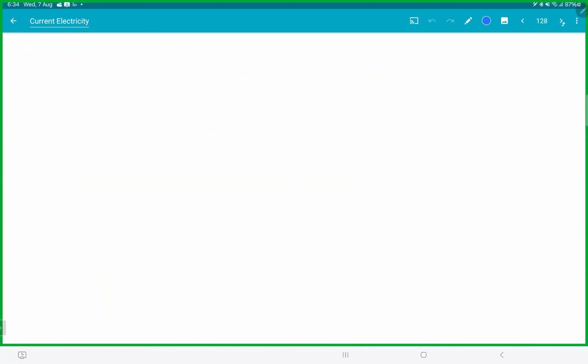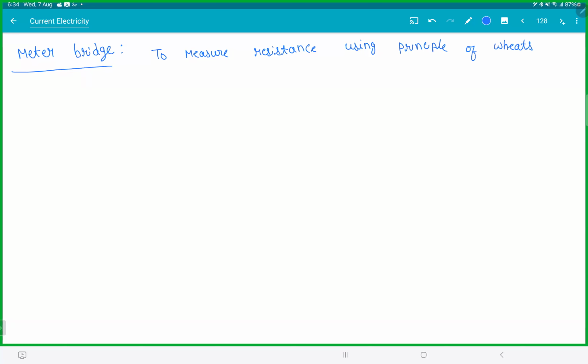Going ahead. Next thing is meter bridge. So meter bridge, right? It is to measure resistance. Again, like I said, these concepts are pretty straightforward. To measure resistance using the principle of Wheatstone bridge. So this is how it looks.